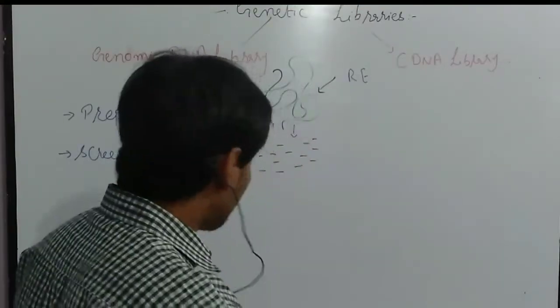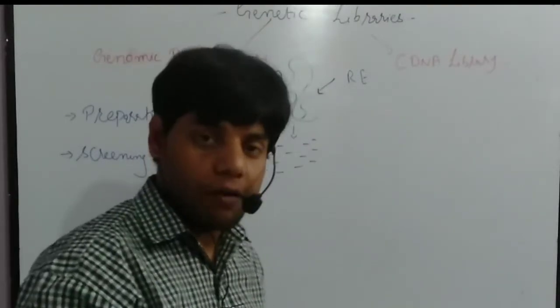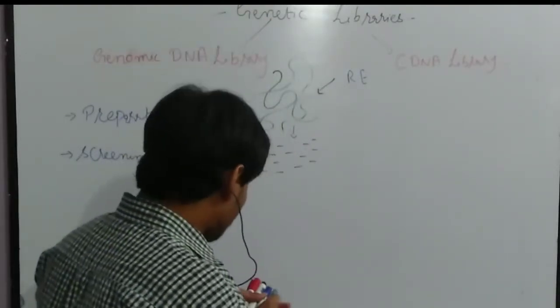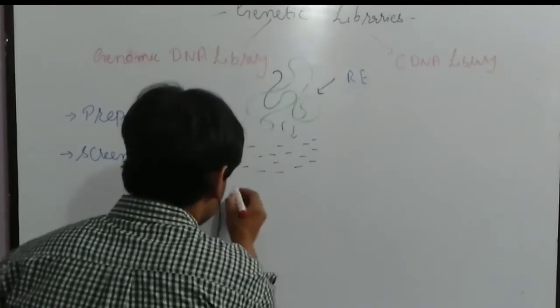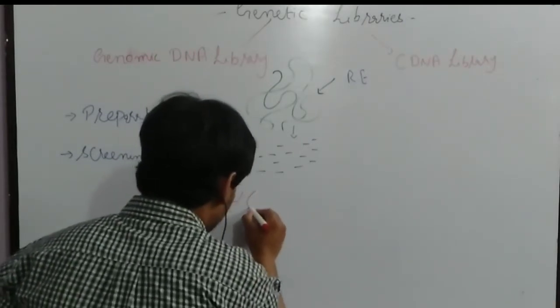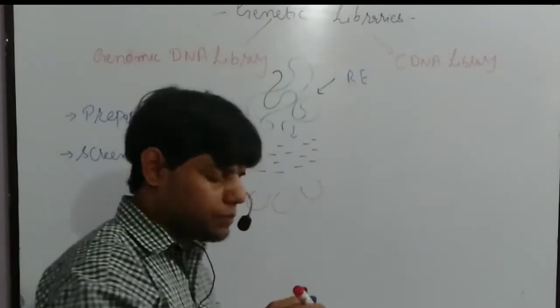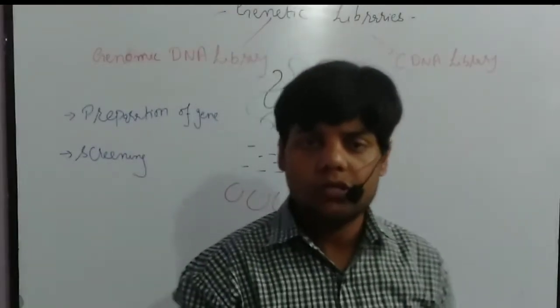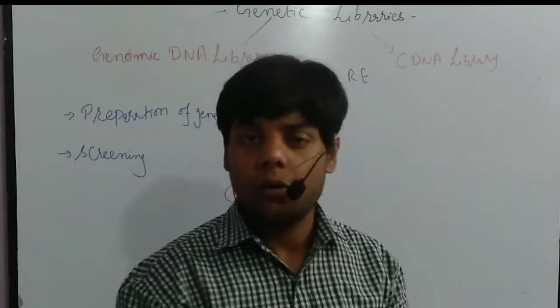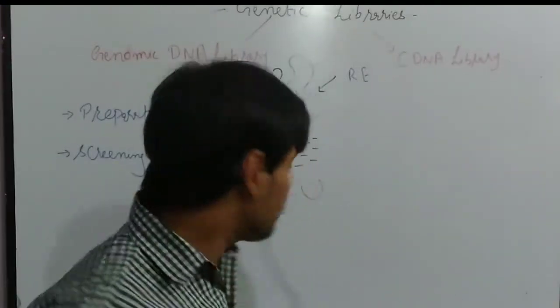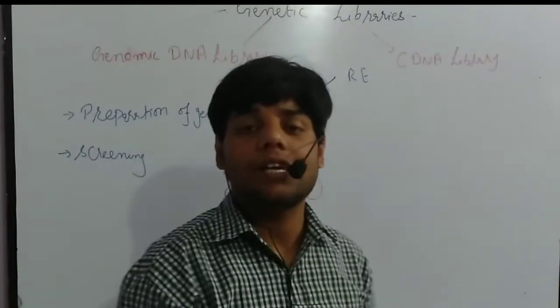Vectors are commercially available. All of you better know that there are different types of vectors: phasmid, cosmid, YAC, BAC, plasmid. But let's say in this case we take the plasmid.